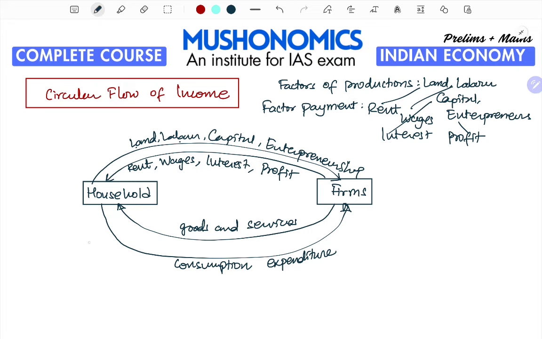Similarly, firm is producing goods and services, and household is doing consumption expenditure, which becomes income for firms. So expenditure of household is income for firm, and expenditure of firm is income of household.